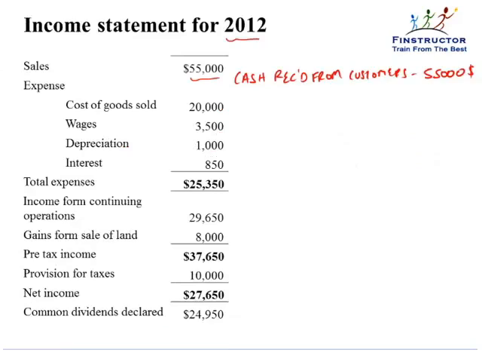So from the cash received from customers, I need to knock off $2,500 as the increase in accounts receivables. That is, the total cash received from customers actually was only $52,500.